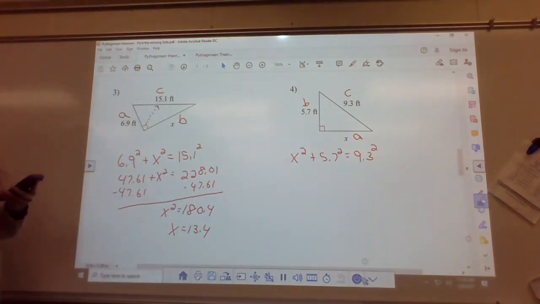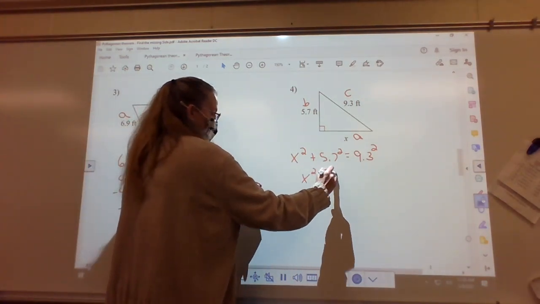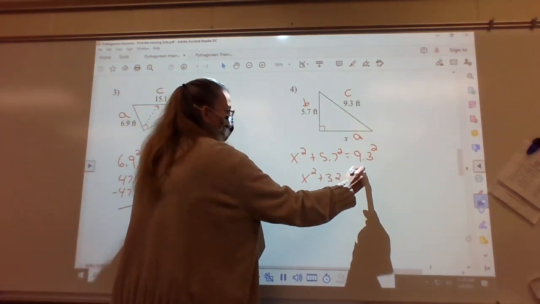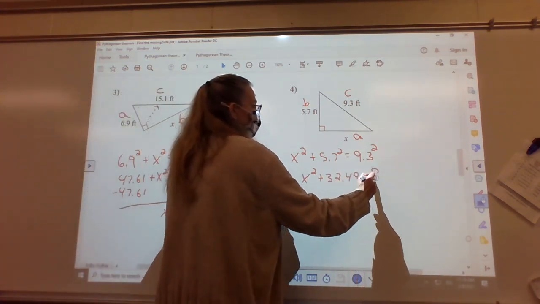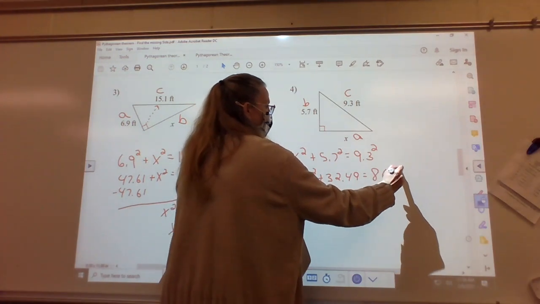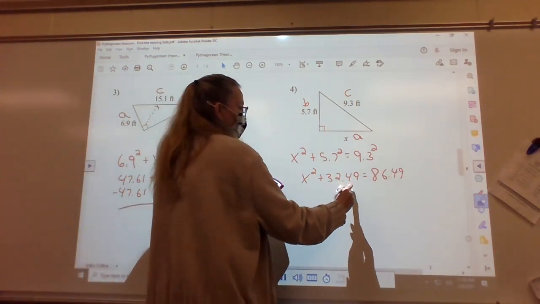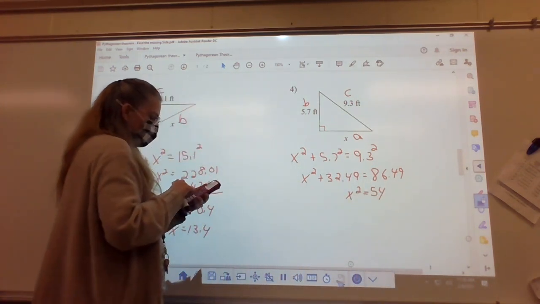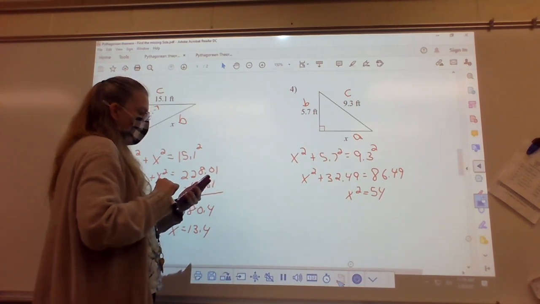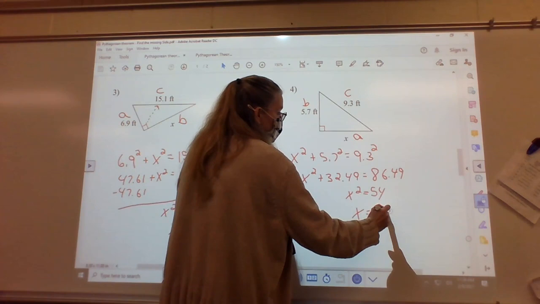There's my values. 5.7 squared, 32.49. 9.3 squared, 86.49. Subtract the 32.49. We get an even 54. So when I take the square root of 54, I get 7.3. So 7.3 was my missing value.